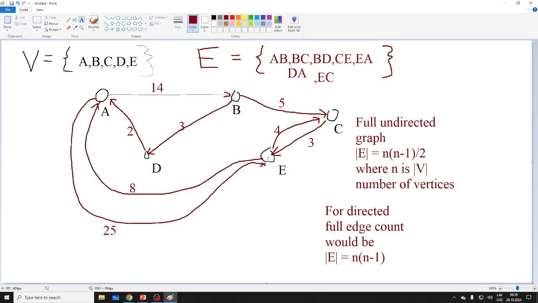So 8, is that a lot? There's a term called sparse graph, the one which does not have many edges. I would say 8 is middle of the road. It's not completely sparse, but also not completely full.